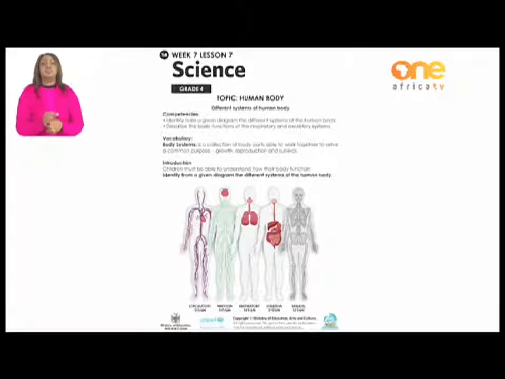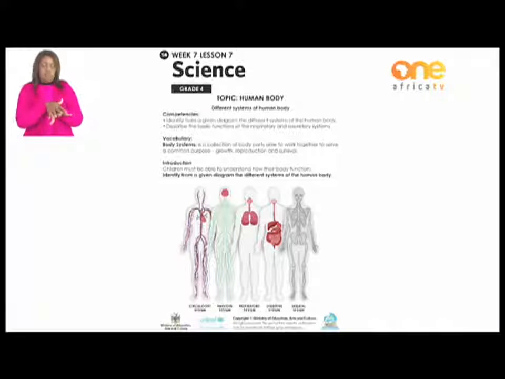Introduction. Children must be able to understand how their body functions. The first competency says: identify from a given diagram the different systems of the human body. Look at the pictures below. The circulatory system, which is made of a heart, blood vessels, and veins.